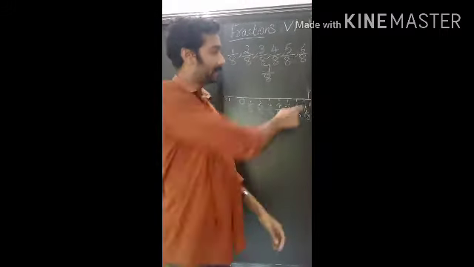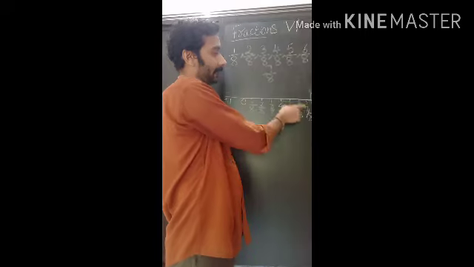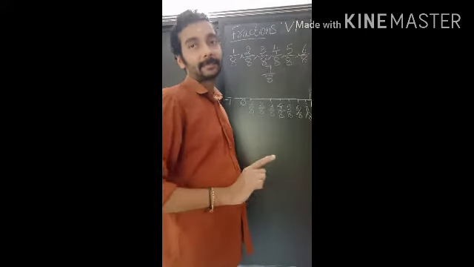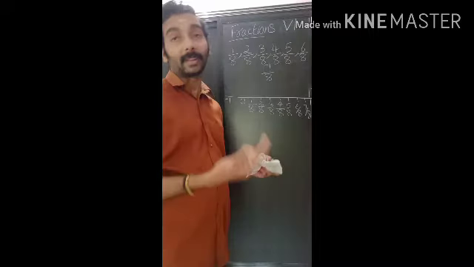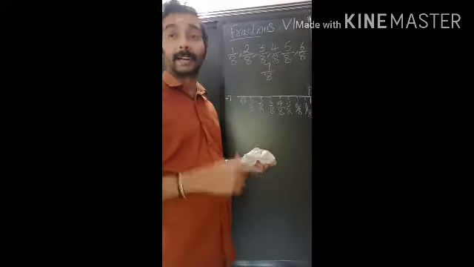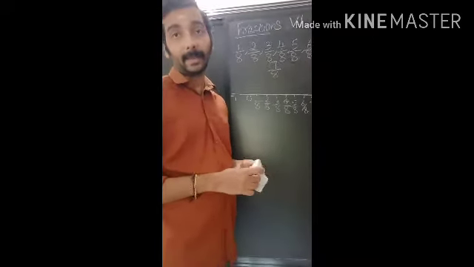The question ends at 7 by 8. We finished 7 by 8. Okay, clear? Other questions in the exercise, you write using the number line.